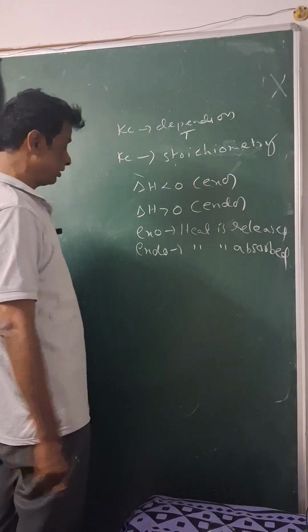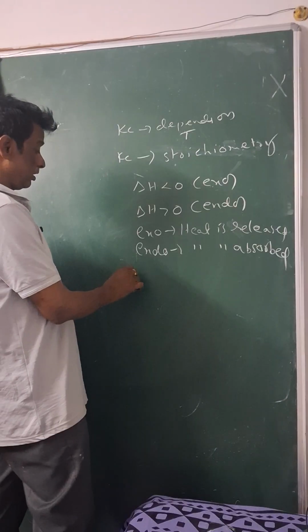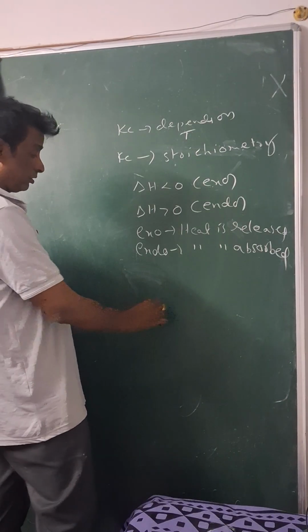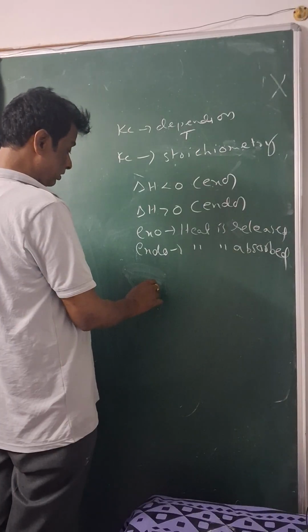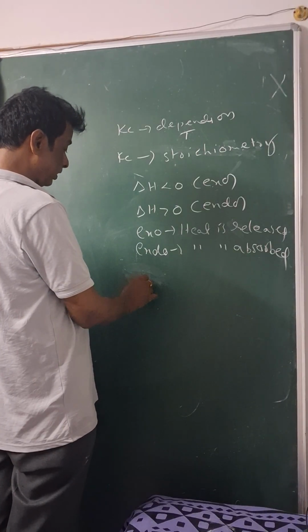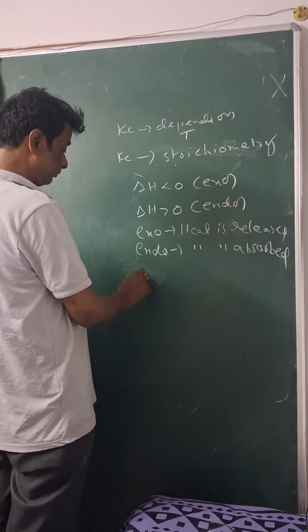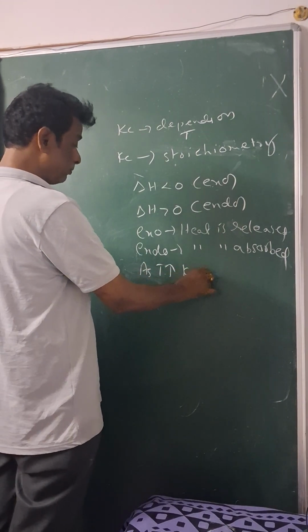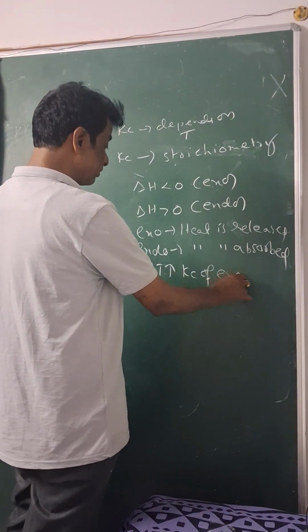Endo and exothermic. So with rise in temperature, the exothermic reactions, endothermic reaction. As temperature increases, Kc of endothermic reaction increases.